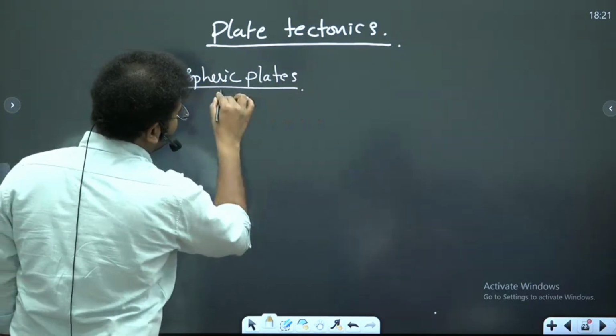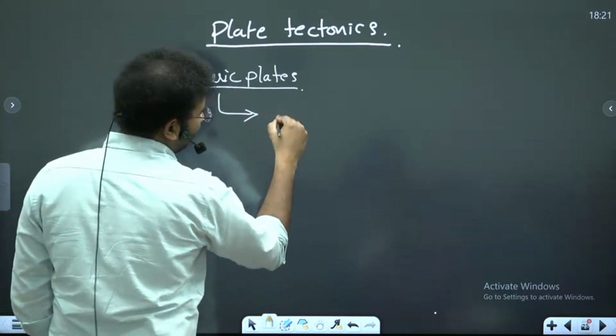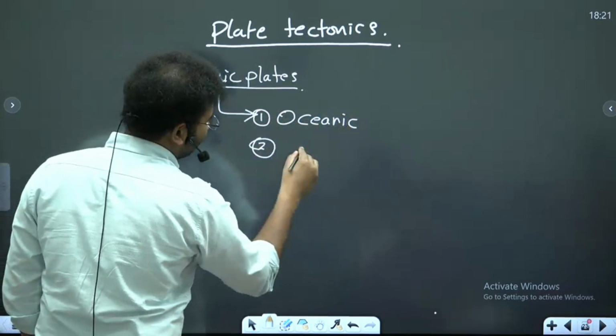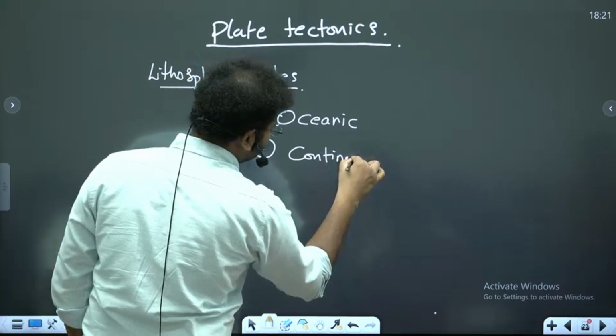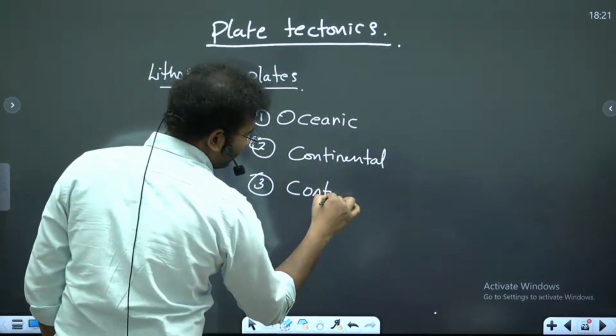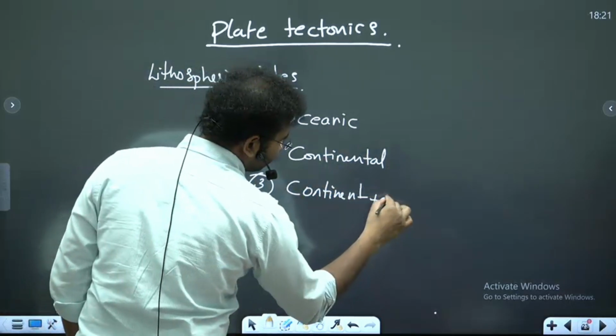Lithospheric plates, they can be of 1, oceanic plate. Number 2, it can be continental plate. Or 3, it can be a combination of continent plus ocean.